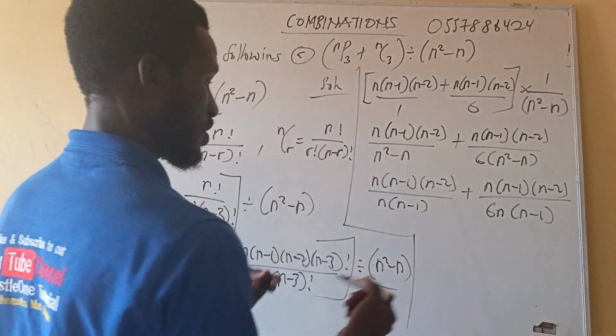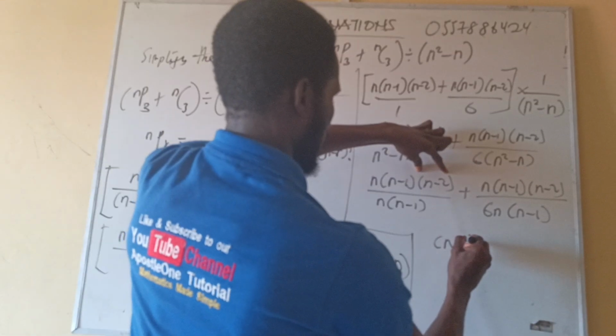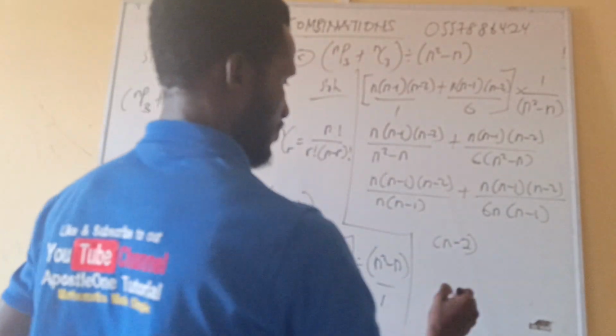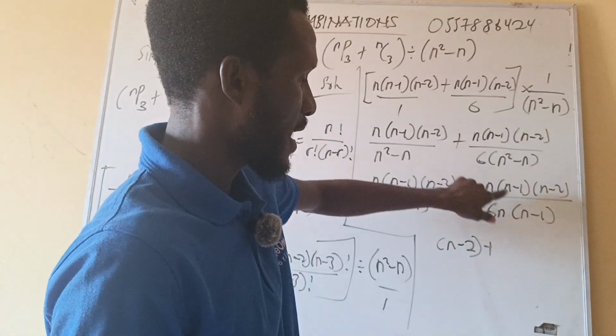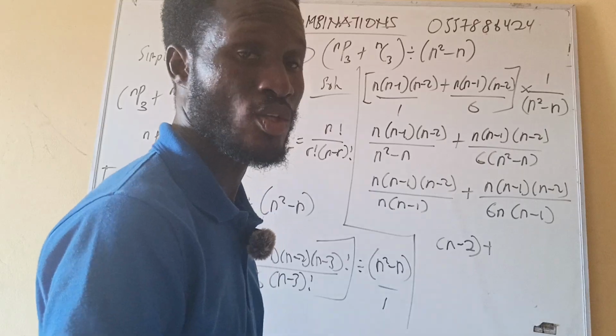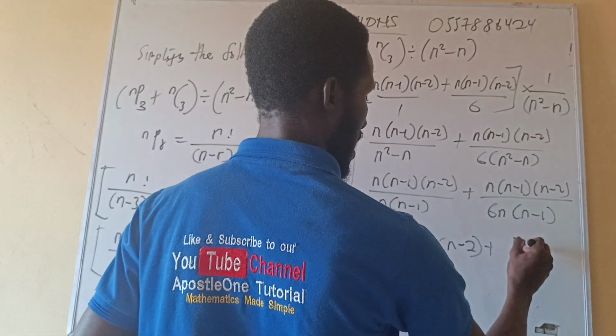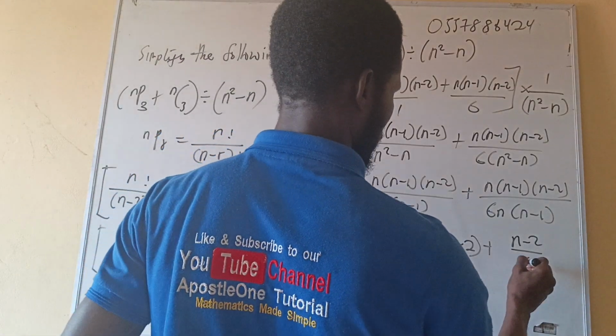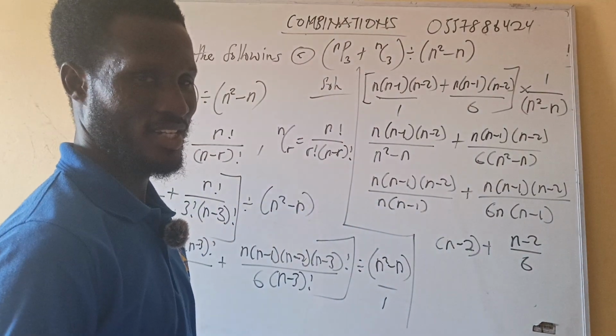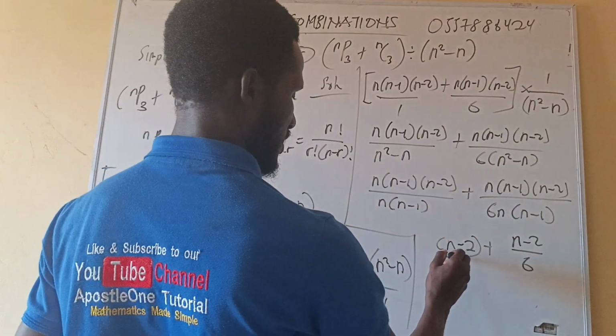At this point, n cancels n and n minus 1 cancels n minus 1, so I'm going to get n minus 2 on this side. Plus, n cancels n and n minus 1 cancels n minus 1, so the numerator is n minus 2 divided by the denominator 6. You see how simple it is? We are simplifying.